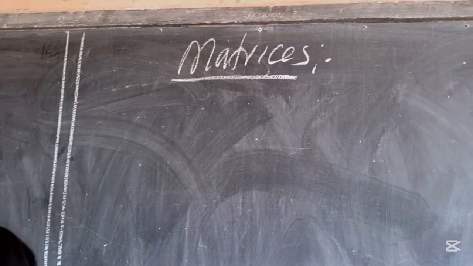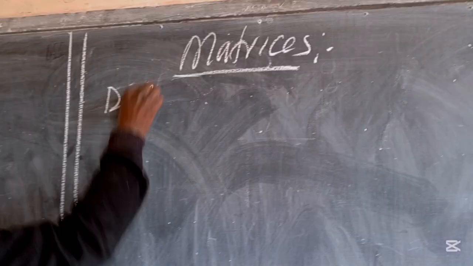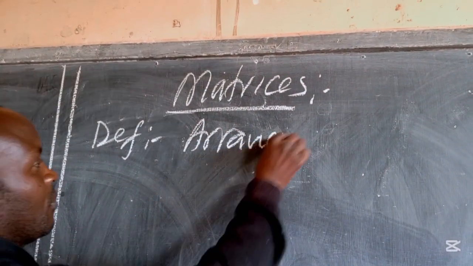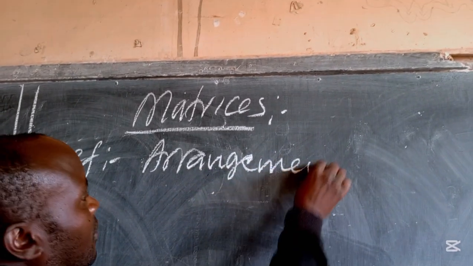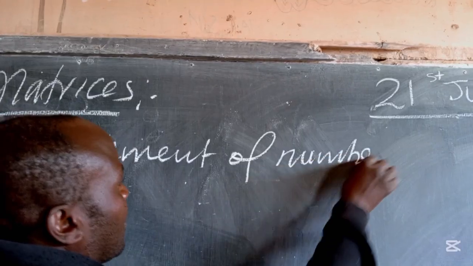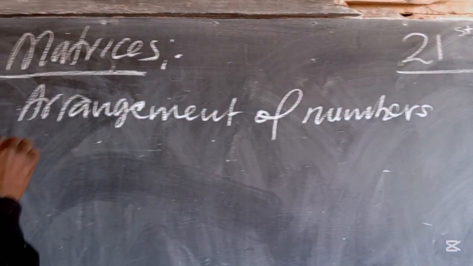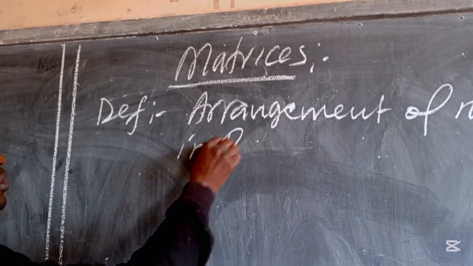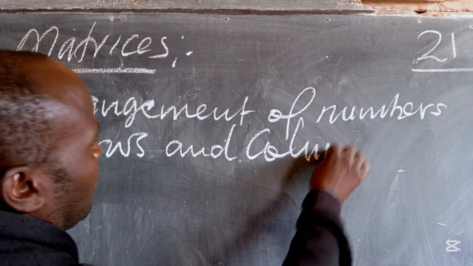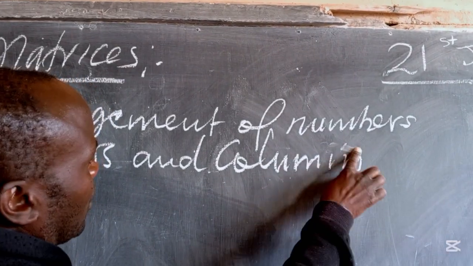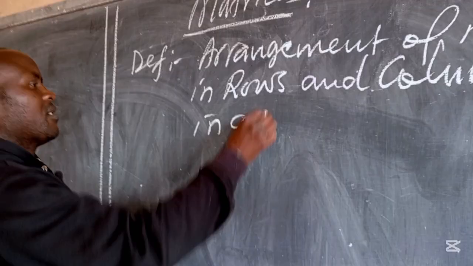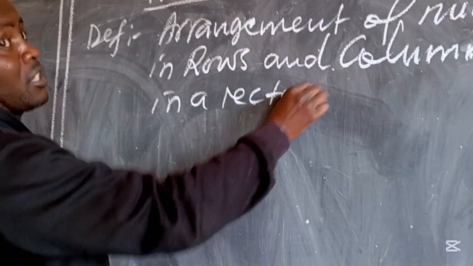What are matrices? This is just an arrangement. So, definition: this is the arrangement of numbers in rows and columns, in a rectangular form.